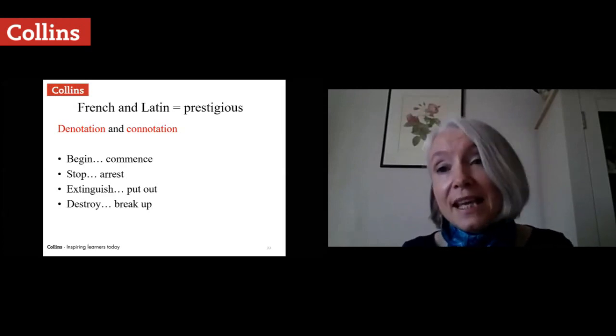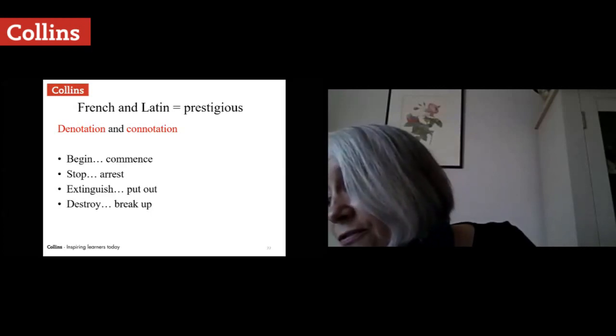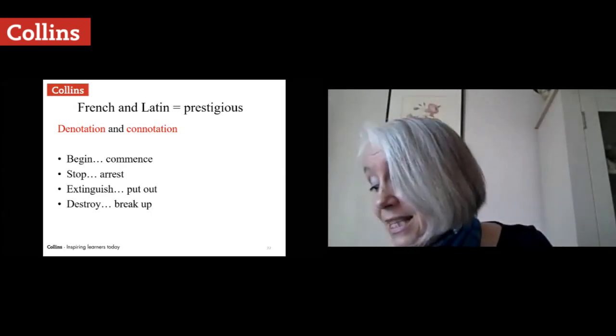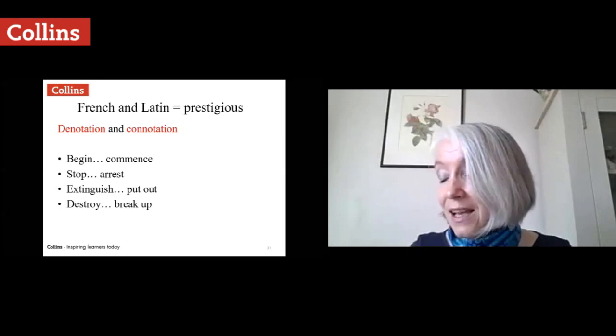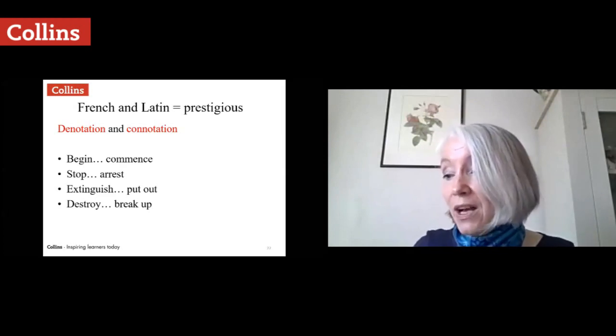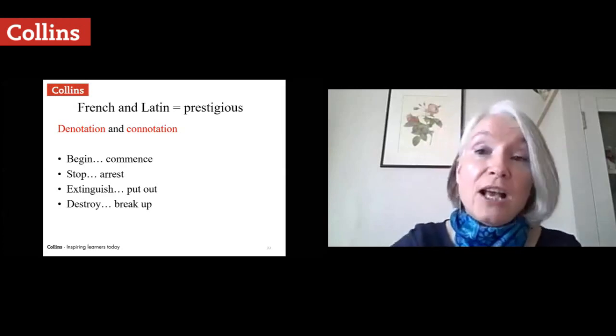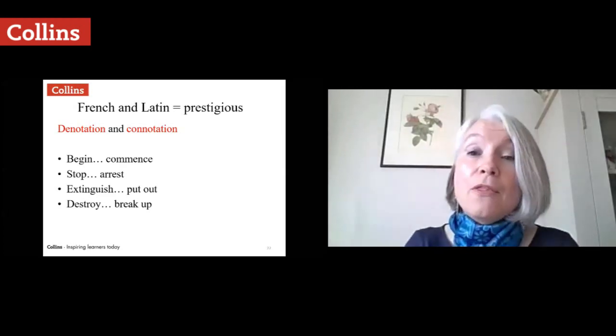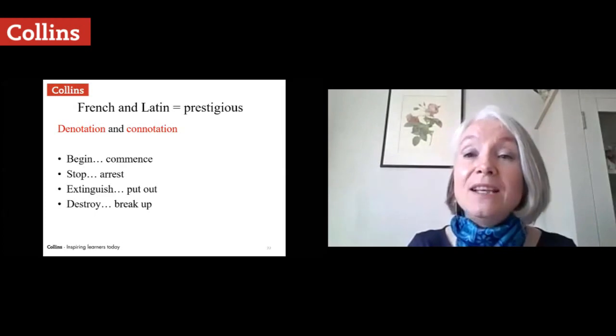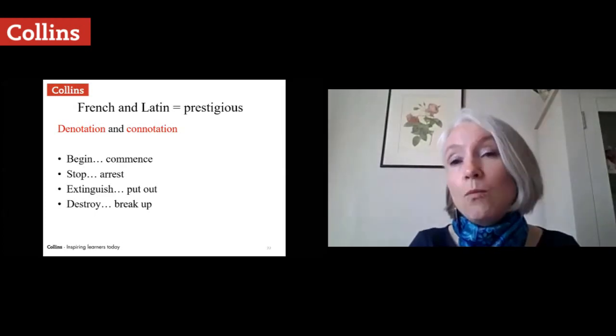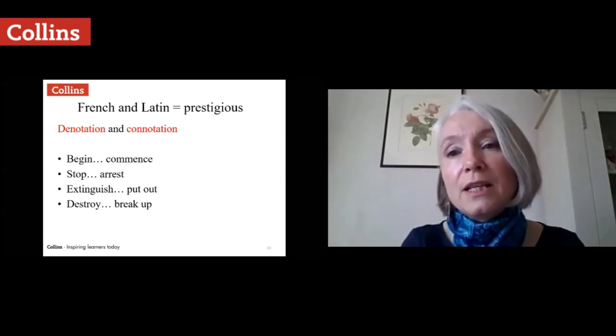So you can see that the history of the vocabulary in English is long and complex, and that some words may well come in and may well have been pushed out of the language, like wisdom, but that for the most part we retain words in English and they acquire a different connotation.